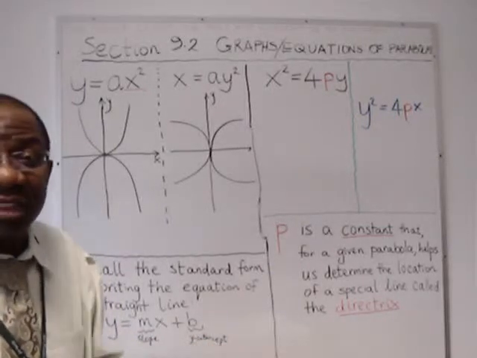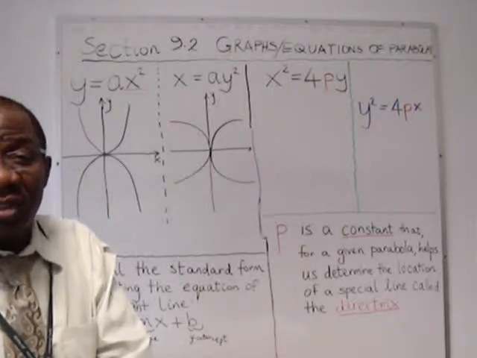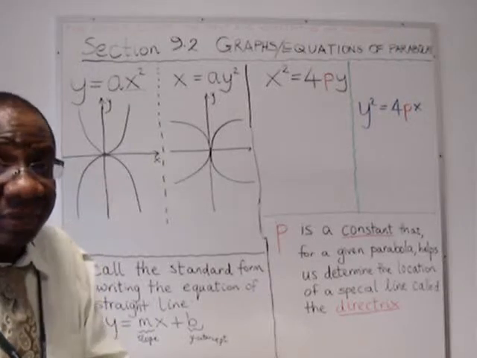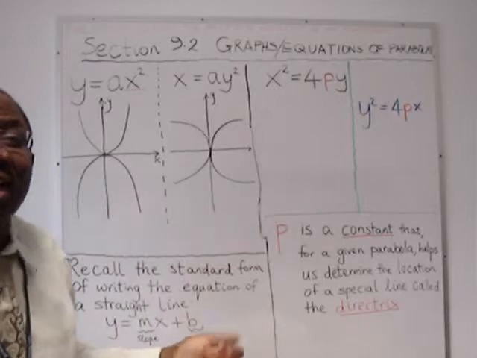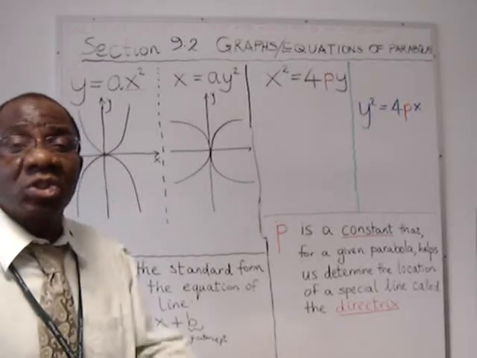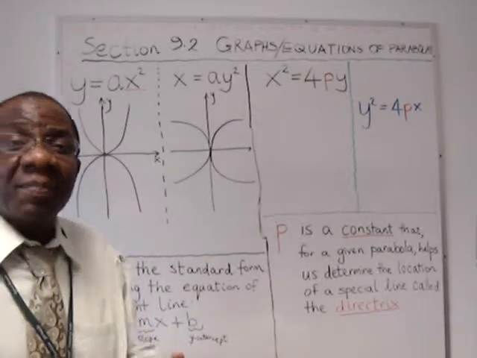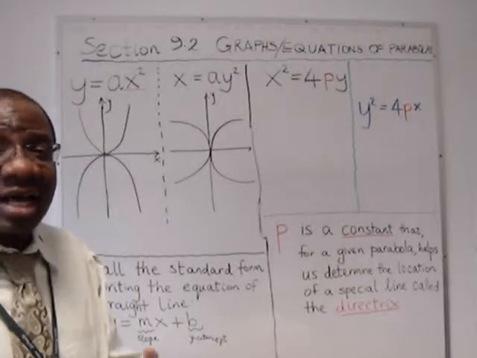When you square negative 3, it becomes 9. The plus 3, you square it, it's still 9.